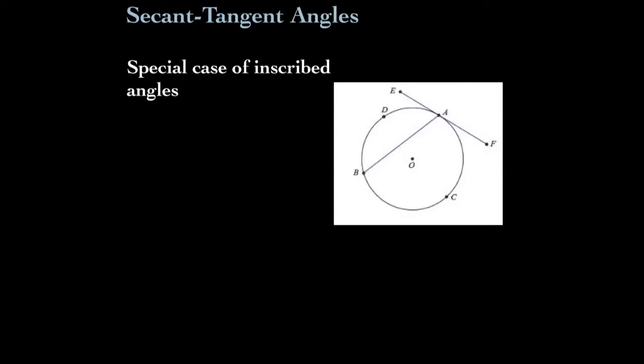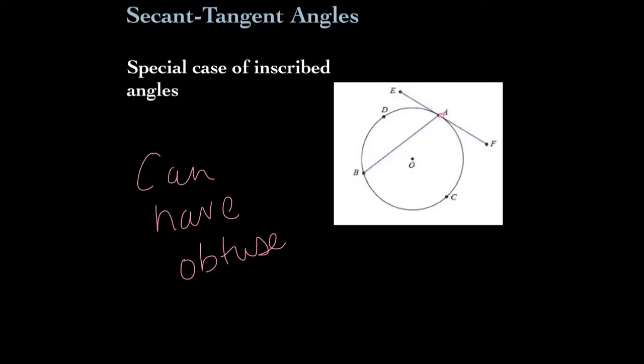So first one, this is a special case of an inscribed angle, so I wanted to start with that. If you notice, its vertex is on the circle, so we're going to treat it the same way. The reason this is special is because you can have an obtuse angle, which we couldn't before when we had the 2 secants.